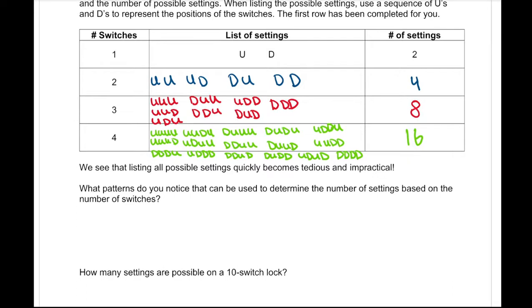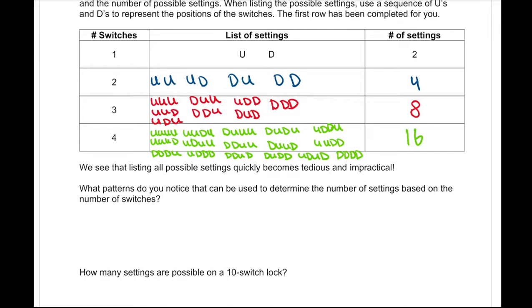Maybe what you came up with is that these numbers of settings are all multiples of 2, and they relate to the number of switches. I have 2 settings for 1 switch, 4 for 2, 8 for 3, 16 for 4.